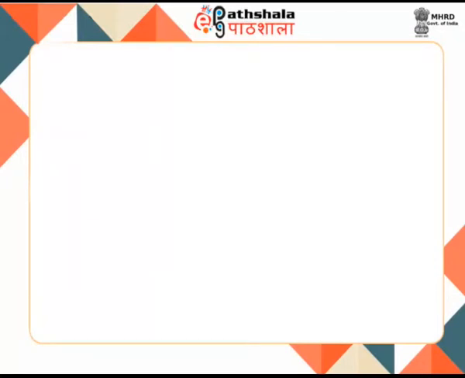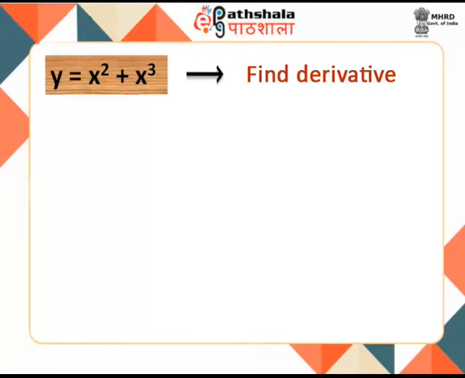Let us understand the rule with the help of an example. We have to find the derivative of y is equal to x square plus x cube with respect to x.